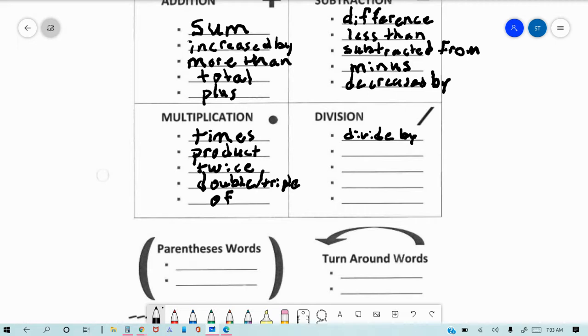Okay, you're going to see the word quotient. You're going to see the word half or third. So very similar to that double or triple, and division will be half of it or a third of it or a fourth of it. And separate.